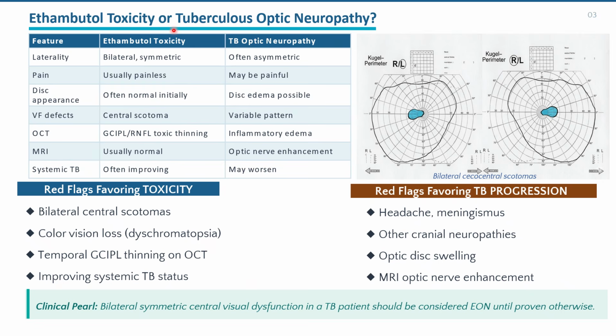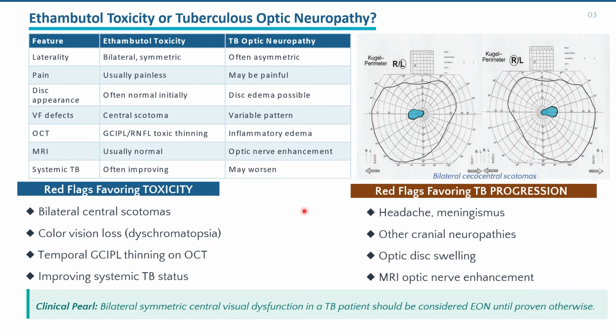Because if by mistake you diagnose the case as ethambutol toxicity and you stop the ethambutol prematurely, this can lead to the emergence of drug resistance, and the patient will not respond anymore to your medications. And if by mistake you diagnose the case as optic neuropathy due to tuberculosis and you continue the medication in a case of ethambutol toxicity, you will end up with bilateral optic atrophy. So the distinction is very important.